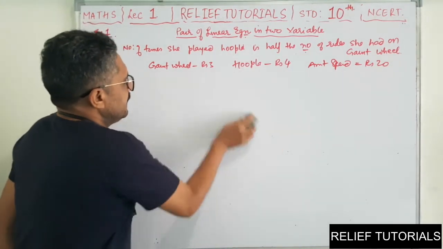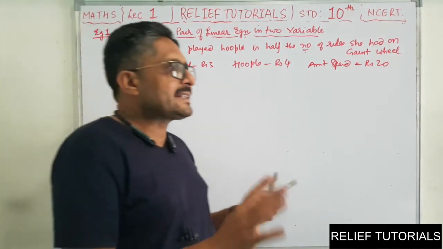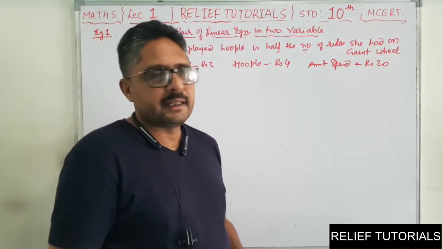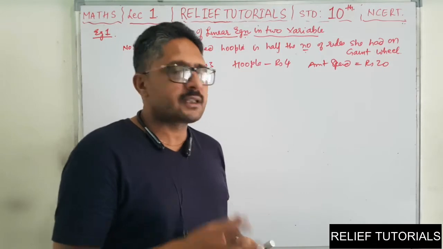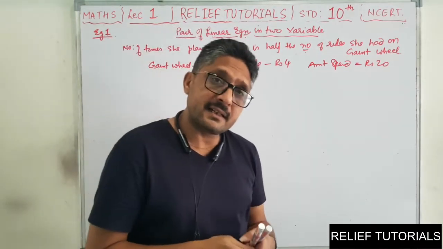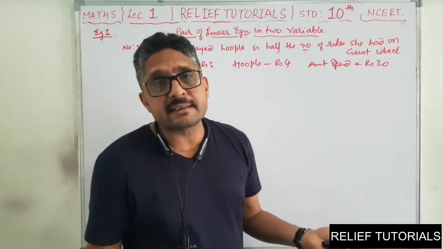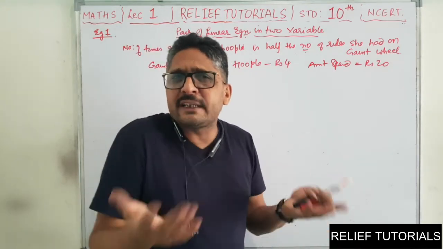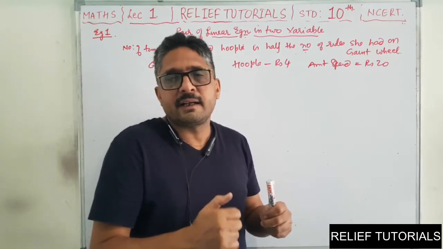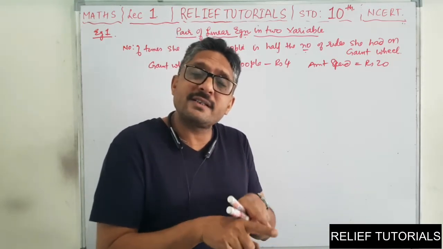Now, if you represent two lines in a plane, there are three possibilities. In any plane, if you draw two lines, there are three possibilities. What are those three possibilities? The two lines intersect each other, or the two lines do not intersect each other. If the lines do not intersect, it means they are parallel. And the third condition is that the lines are coincident.